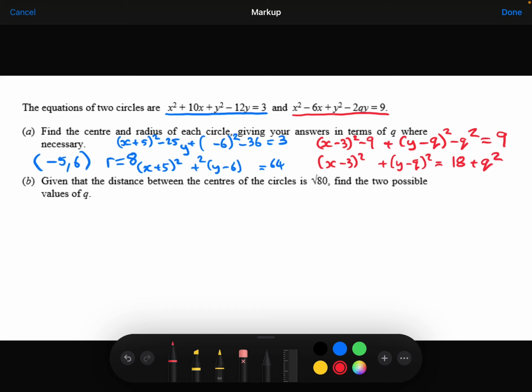So the centre of this circle is going to be positive 3, positive q, and the radius is going to be the square root of 18 plus q squared. There we go, we have found the centre and the radius of both circles.